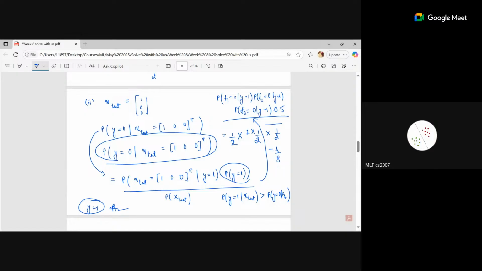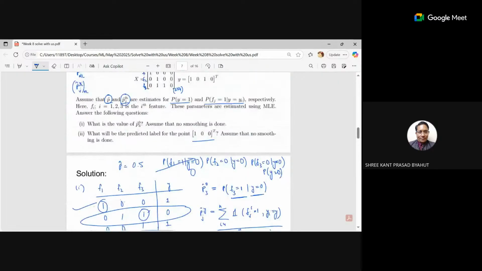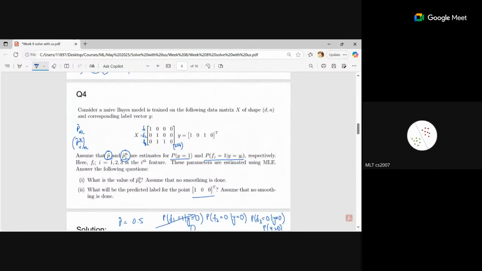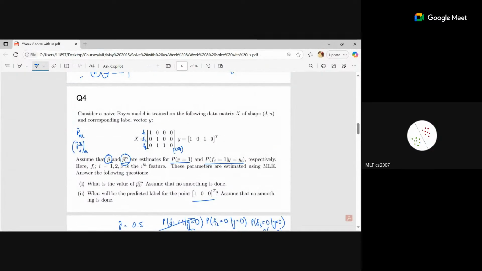What was the question? Why did we compare it? You have to find the predicted label for the point. We want the label. For the prediction, we need the probabilities to be compared.